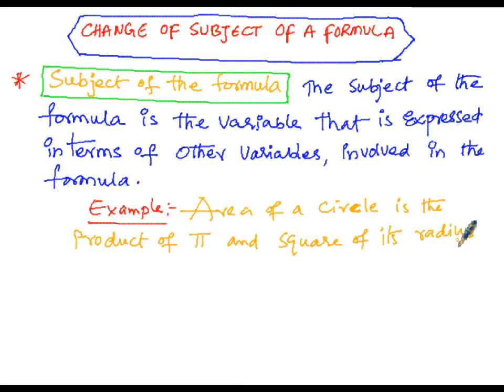Symbolically or mathematically it can be written as follows. The same sentence, that the area of a circle is equal to the product of pi and the square of its radius, can be expressed mathematically.